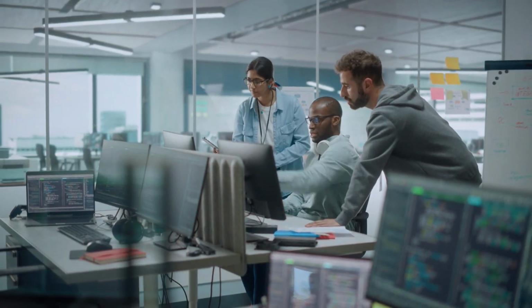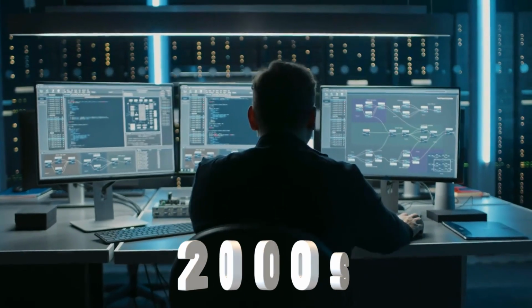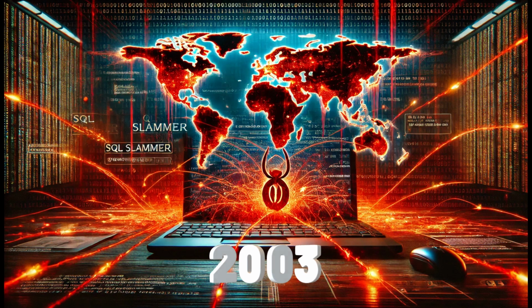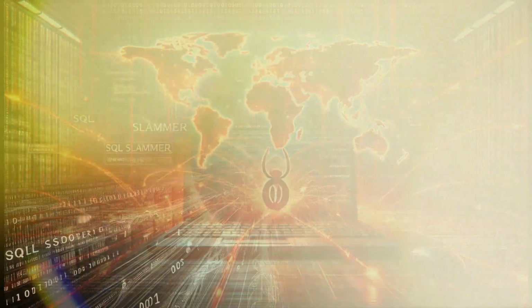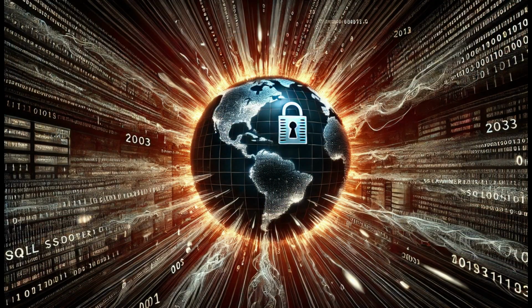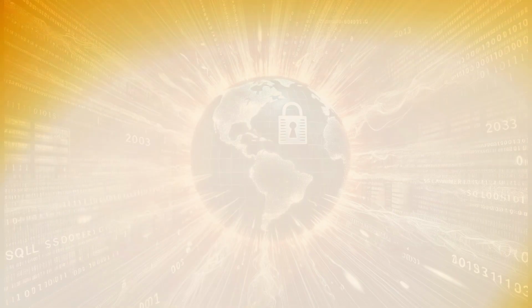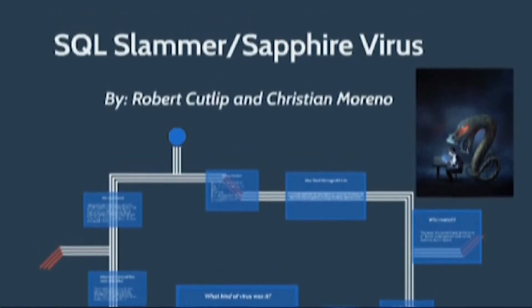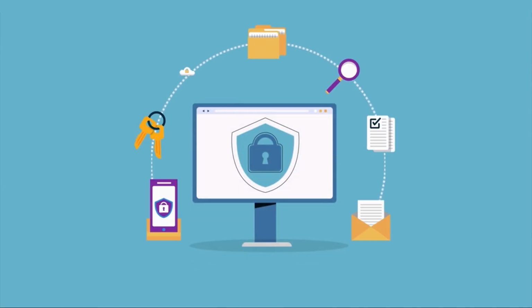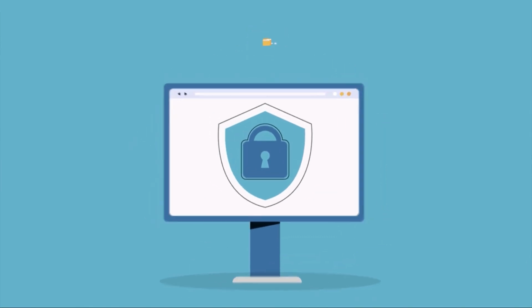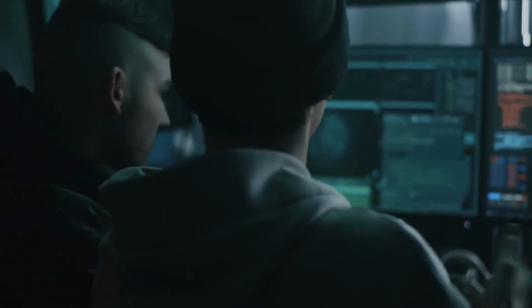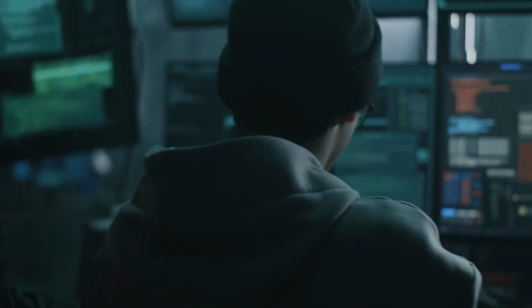Number 4, cybersecurity in the 21st century. The age of advanced threats. The early 2000s brought more complex cyber threats. SQL Slammer, 2003, was one of the fastest spreading worms ever, disrupting internet traffic globally within minutes. Around this time, attacks on critical infrastructure and businesses became more frequent, leading to greater awareness of the need for cybersecurity. By the 2010s, cyber attacks became highly sophisticated and targeted.